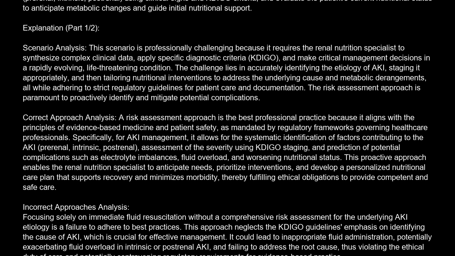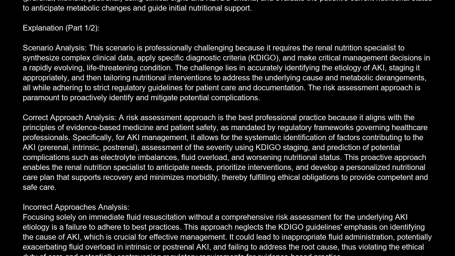This proactive approach enables the renal nutrition specialist to anticipate needs, prioritize interventions, and develop a personalized nutritional care plan that supports recovery and minimizes morbidity, thereby fulfilling ethical obligations to provide competent and safe care.